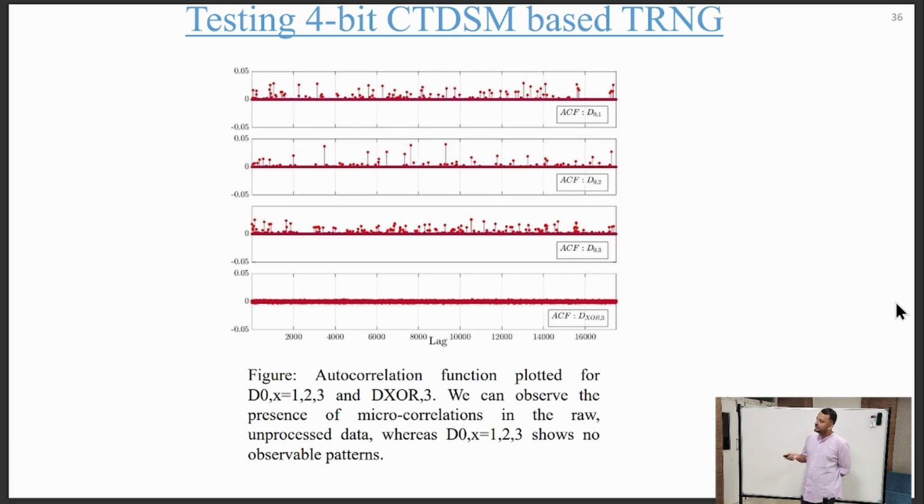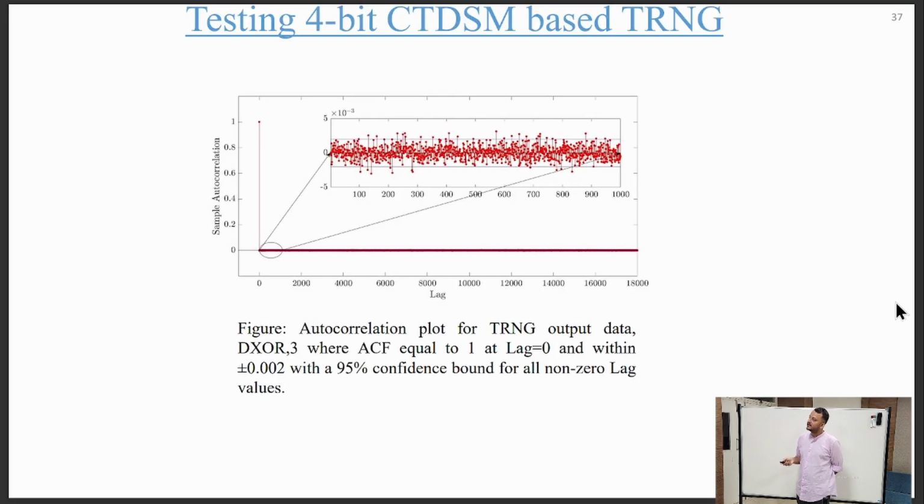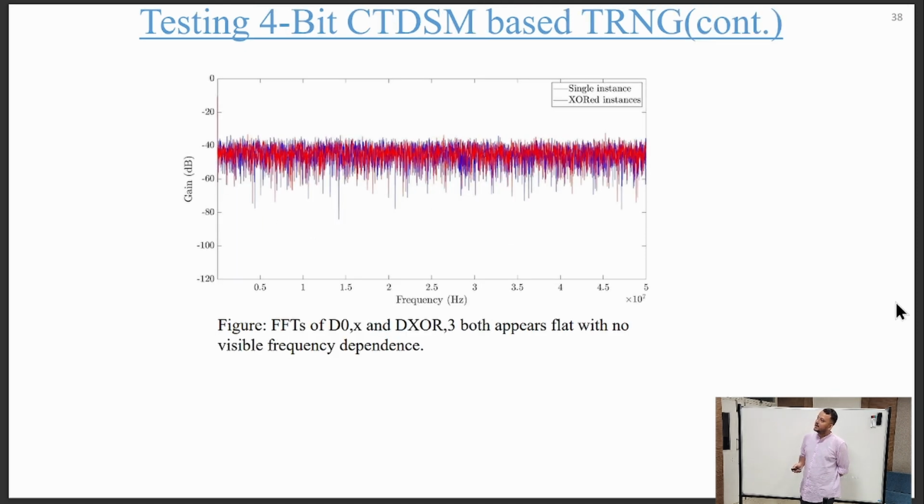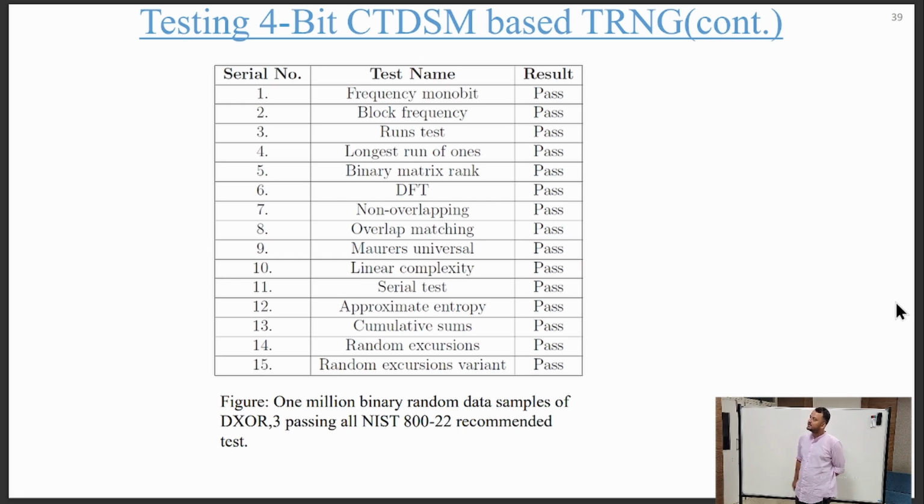And that is a zoomed view of the autocorrelation factor. We can see that it has a window of plus minus 5 milli, and unity of ACF at 1 value. And this is the FFT plot of the data we obtained, and we can see it is appearing white. And finally, we tested with the NIST tests, and it passes all the randomness tests.